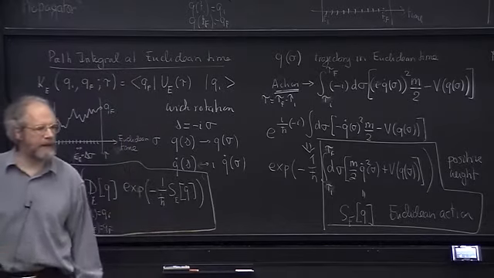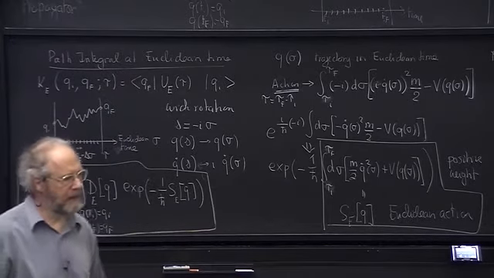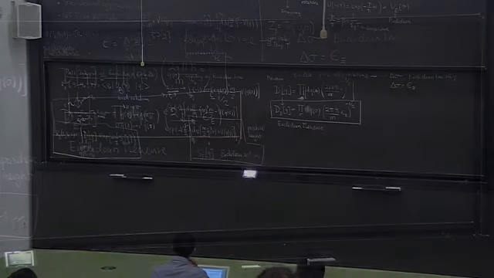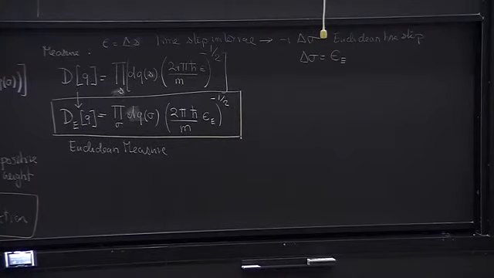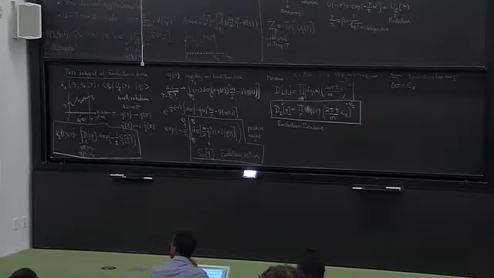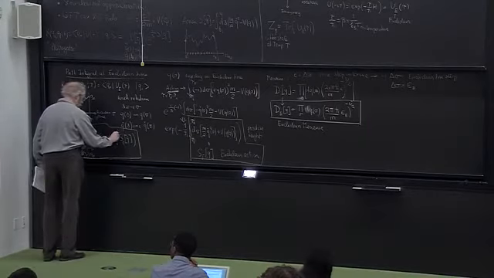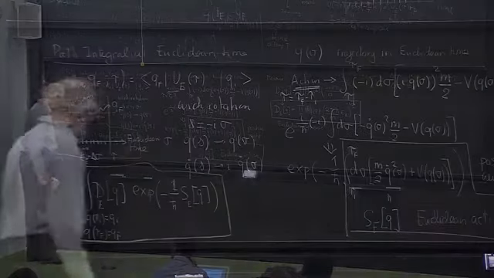Yes? In order to perform the Wick rotation, do we need at least one of the initial and final times to be finite? I think it is better to do that.